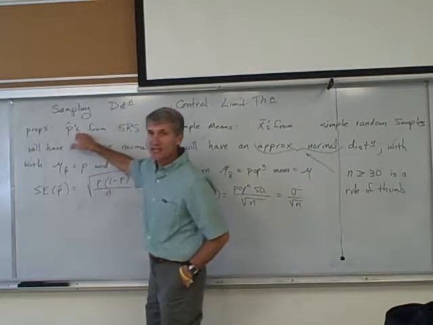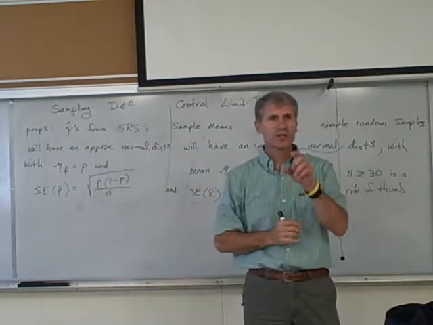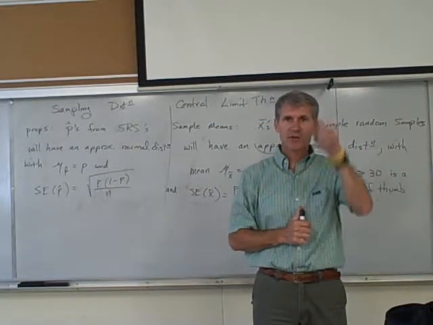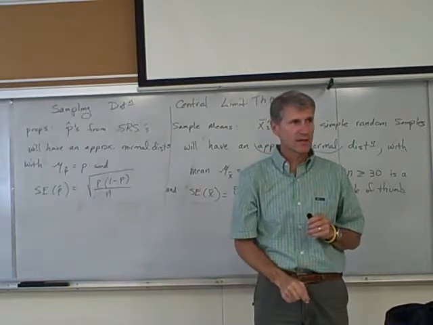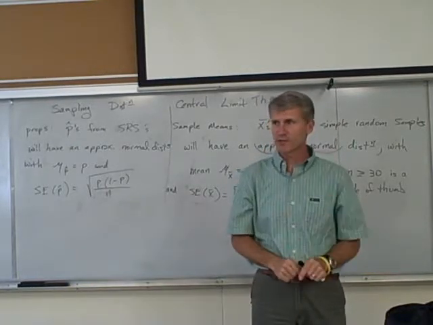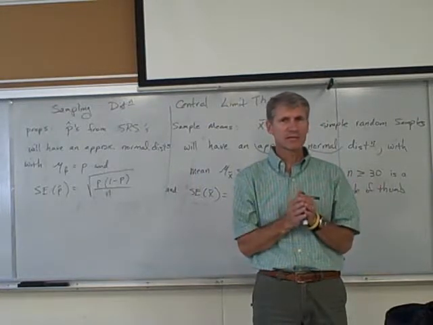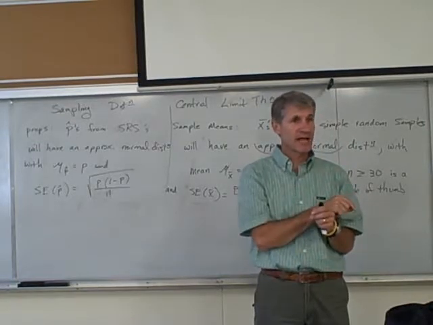But p hat is actually a sample mean. Remember earlier I said code the no's as zeros and the yeses as ones? If I code that in my data set and I tell my calculator to compute the mean of that list of zeros and ones, think about that for a second. How do you compute a mean? You add them all up and you divide by how many you added, right?